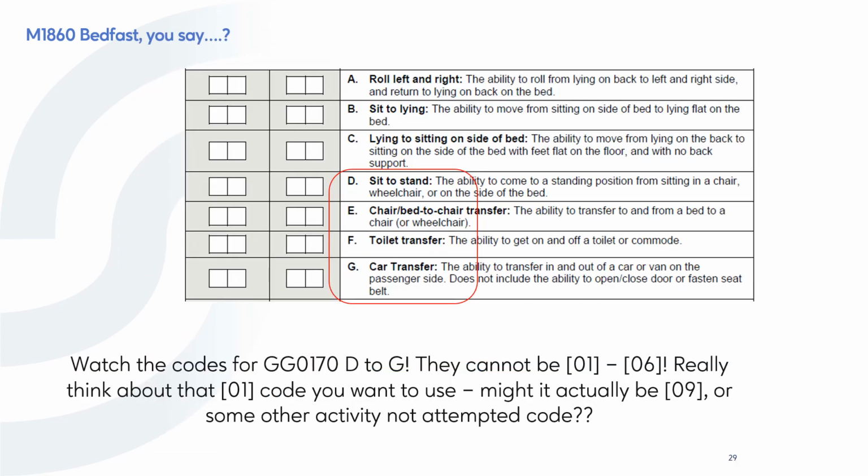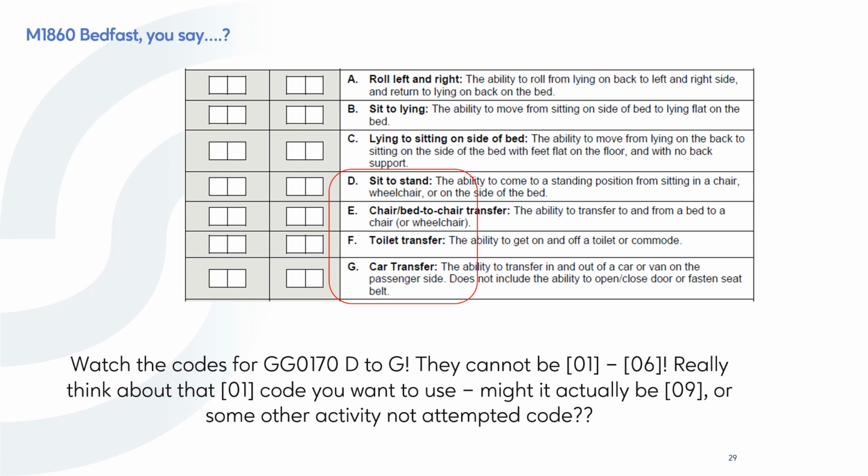And just something else to consider, M1860. So you said they were bedfast. Let's just take a look at these GG items. 0170 D to G. We've got sit to stand, chair, bed to chair transfer, toilet transfers, car transfers. Now wait a minute. If you said in M1860 they're bedfast and this patient is truly bedfast, you got that part absolutely correct, then when you're coding these items, they really shouldn't be in that 01 through 06, dependent to independent range.